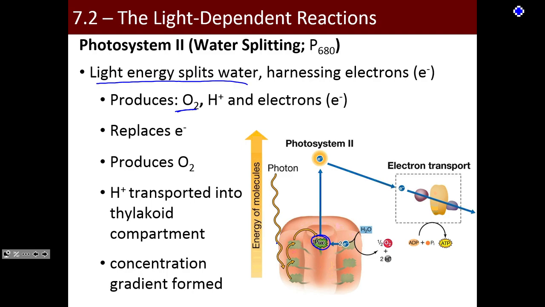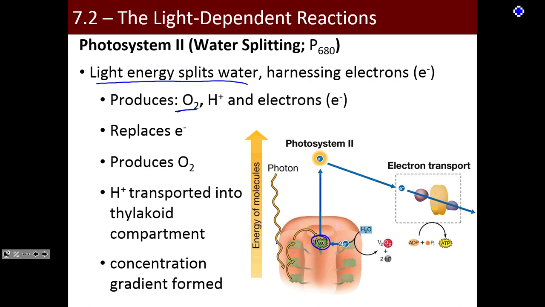The hydrogen ions and the electrons go into the solution and the oxygen is left over from that water molecule. So this is where the waste gas of photosynthesis, the oxygen that ultimately goes out to the atmosphere, comes from. It comes from the splitting of these water molecules.